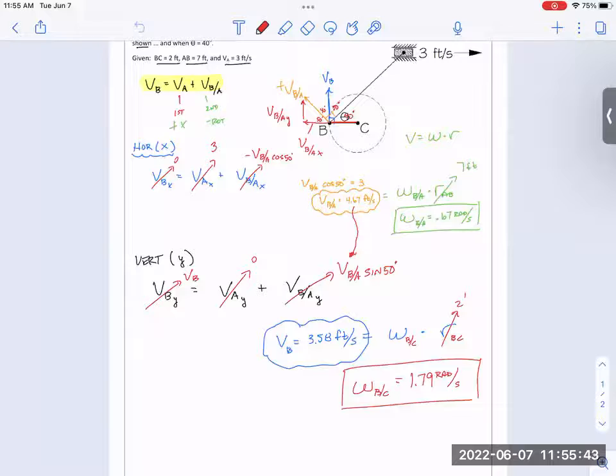But if that's a constant 3 feet per second, that's not going to change. But B is not going to move at the same speed. It depends on where it is in the circle. I'll give you a hint here. Let's say it was right over here. Does it make sense that when this thing moves to the right, B doesn't move very much? So it's at its slowest right there.